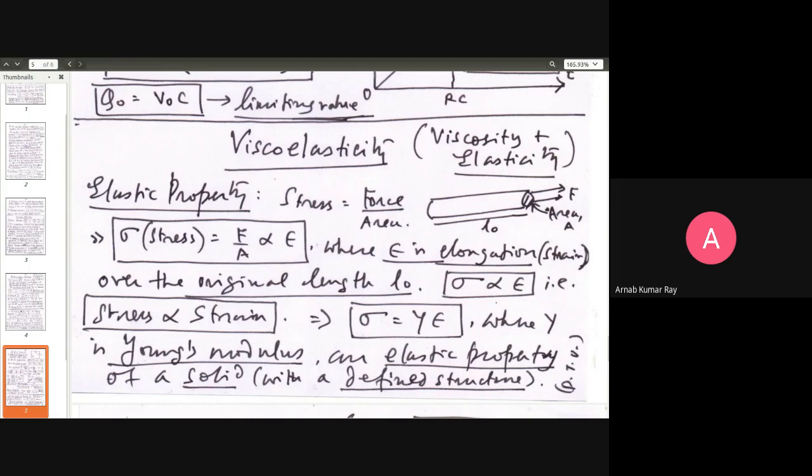Usually, I'm talking about crystalline material, ice or metals. These things have a well-defined order in the way the atoms inside the material are arranged. Therefore, when we talk about elasticity, we should be referring to such things.